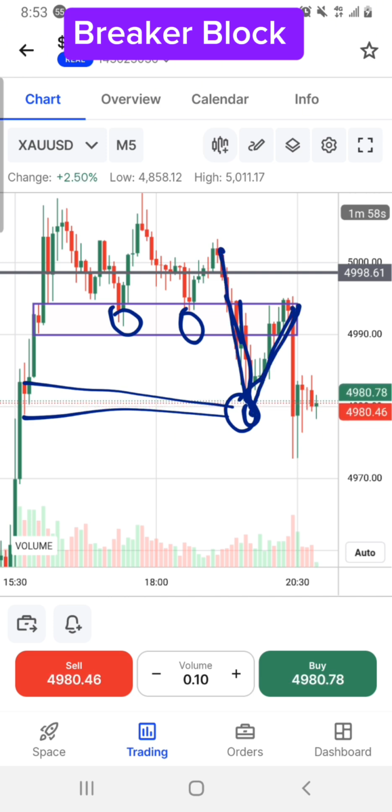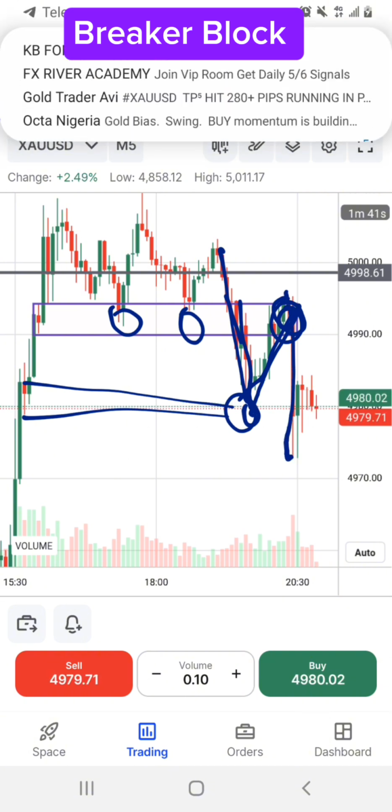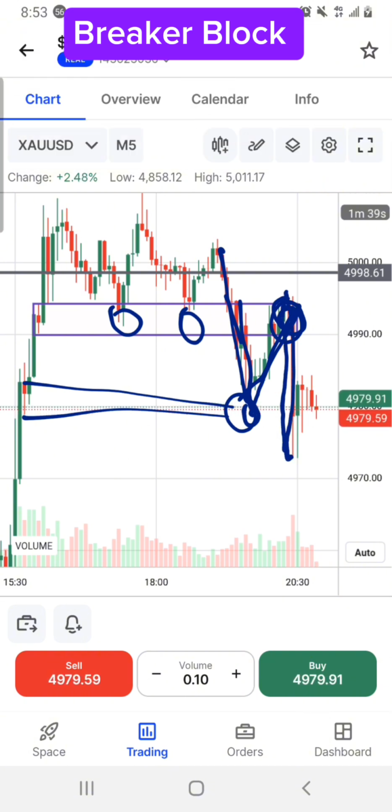The market correction now returns to this same breaker block, which was an order block but is now an old order block, known as a breaker block. Once it gets to that place, it sells again. It created an impulse, which gets to this place and returns to this particular place. So the impulse is still there.